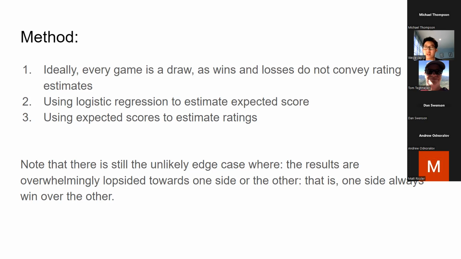Each game is a piece of information that could provide some estimate on the ratings. However, this only works nicely when every game is a draw, because then we can say the rating of a player from group A is roughly equal to the rating of a player from group B. But when a game is not a draw, but a win or a loss, then there's no easy way to directly estimate the ratings of two players.